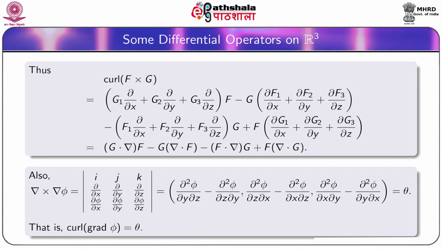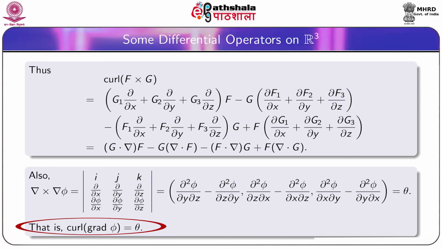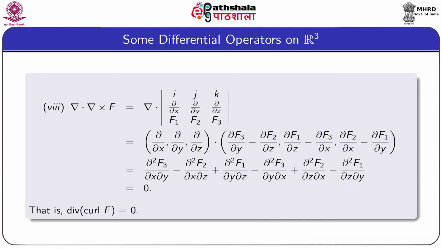Also, we have shown that for any smooth scalar field phi, curl of grad phi equals theta, that is the zero vector in R3. Now, nabla dot nabla cross f equals 0, that is divergence of curl f should be 0.